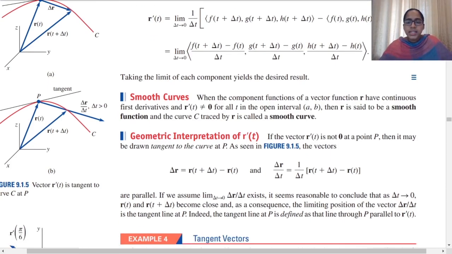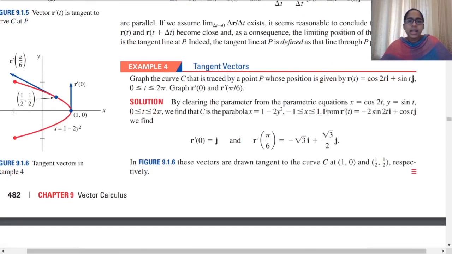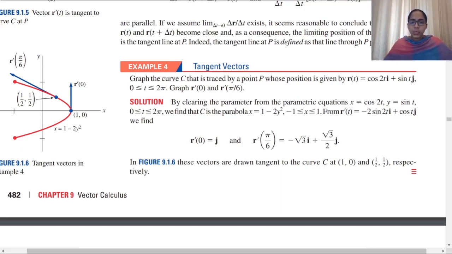Next we are going to see an example, that is to graph the corresponding tangent vectors. We have already discussed graphing the vector function, and now we have to graph the corresponding tangent vectors.